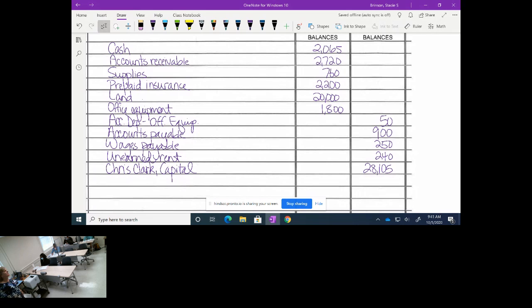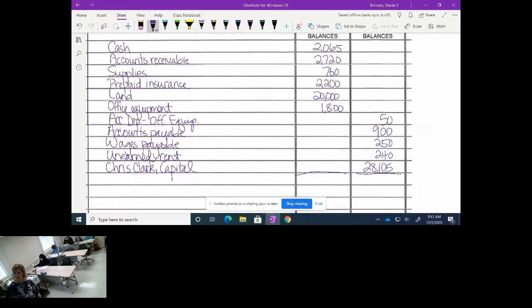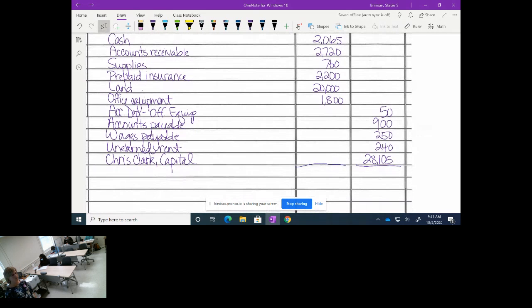I mean, it's great that we got the accounts listed there, but if we're not going to add it up and check to make sure we're in balance, then it's kind of like, what was the point of that? So add your columns and let's get totals and see that they're in agreement.